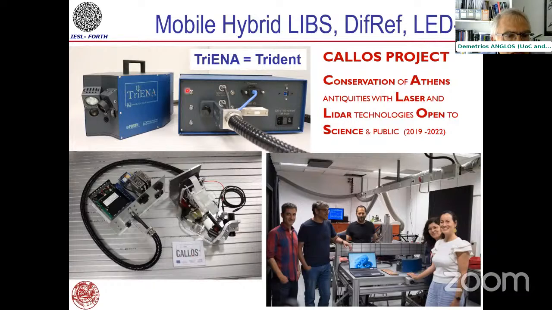Removing the dressing from those instruments, you can see the inner part, both of the probe head and of the spectrometer and control unit. You see it also in the lab, along with those people in the lab who actually contributed and were responsible for this engineering and development project that was funded by a project we had with the archaeological authorities in Athens.